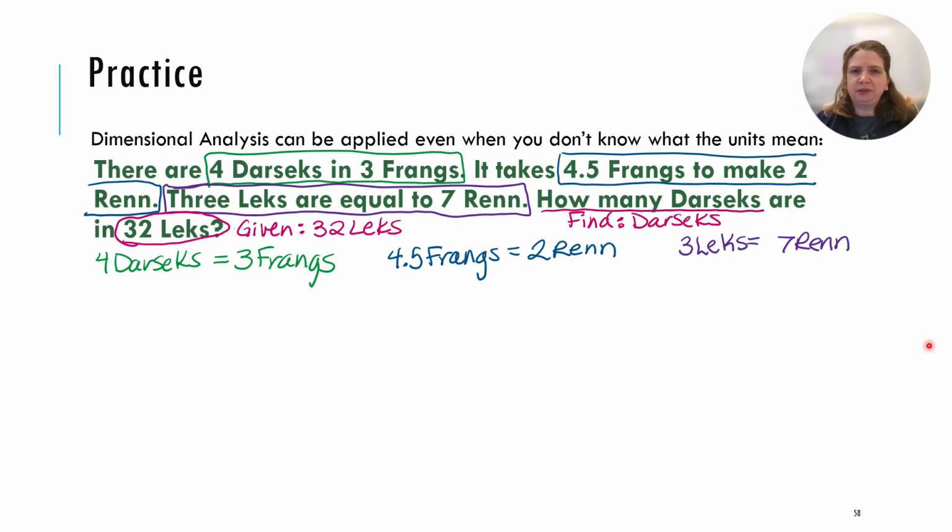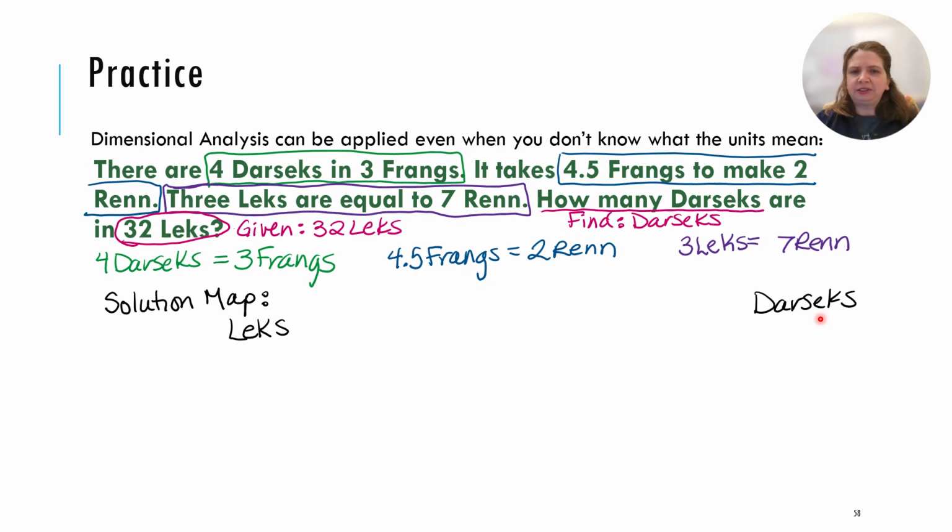We create a solution map by looking at our conversion factors and seeing what we can relate each unit to. Sometimes you work backwards, sometimes you work forwards. In this example, I'm going to work backwards since my brain is focusing on how I can get to darsecs.